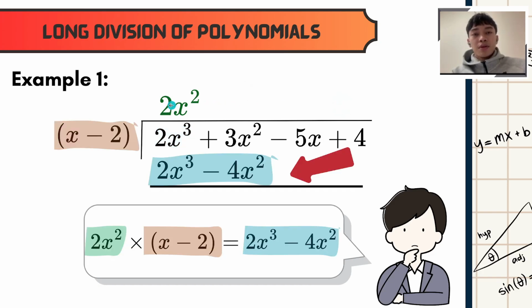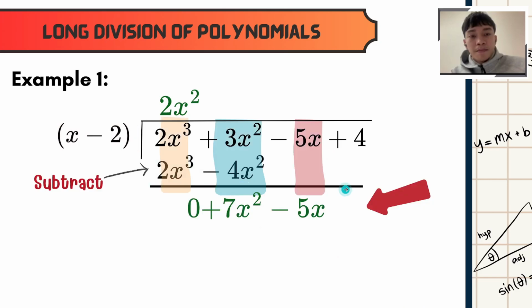The next step is to multiply 2x squared by the divisor. So the answer is going to be 2x cubed minus 4x squared. 2x squared times x is 2x cubed. 2x squared times negative 2 is negative 4x squared.